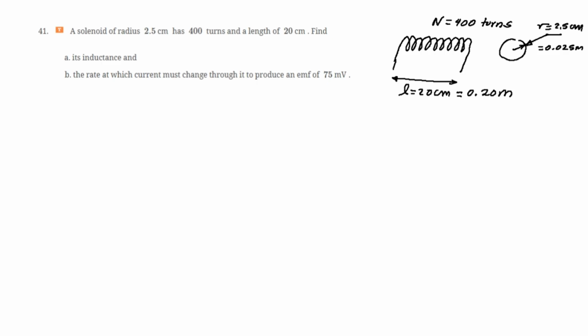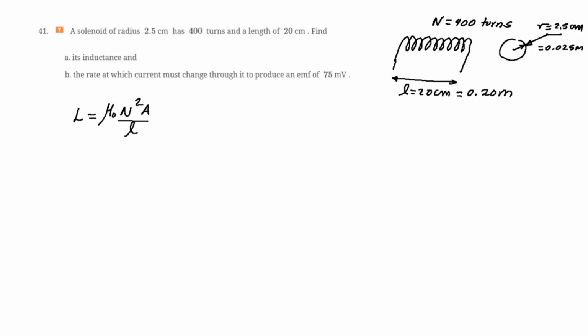Now, if I want to find the inductance of this solenoid, I know that the inductance would be mu sub 0 times the square of the number of turns times the area over the length.